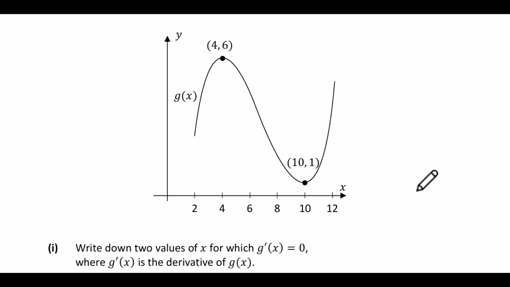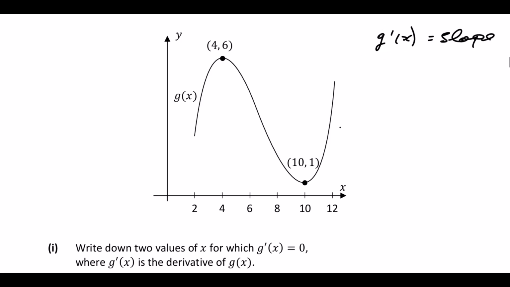In other words, g prime of x will give you the slope of any tangent on the curve. So if you draw any tangent, you can find the slope by putting the x value into your slope formula, into g prime x.